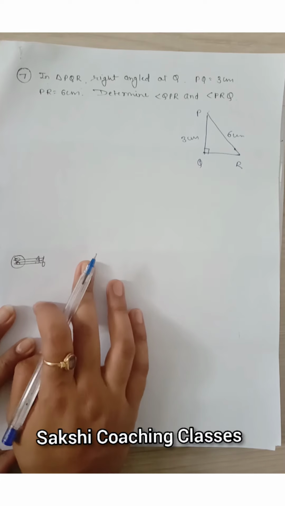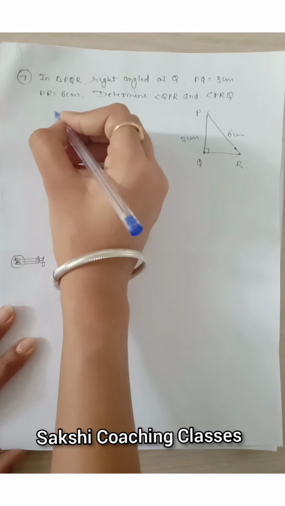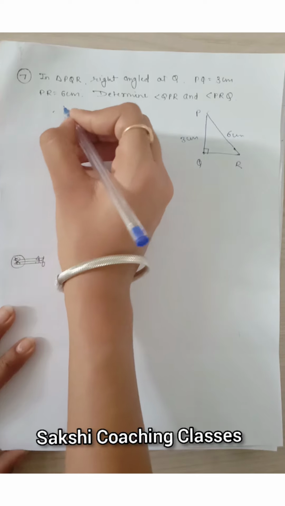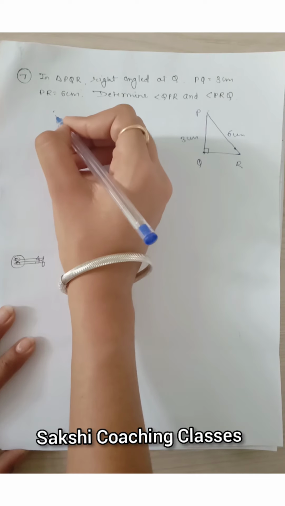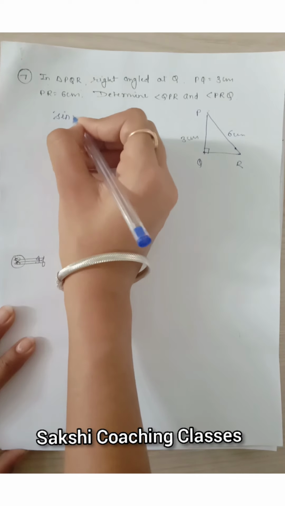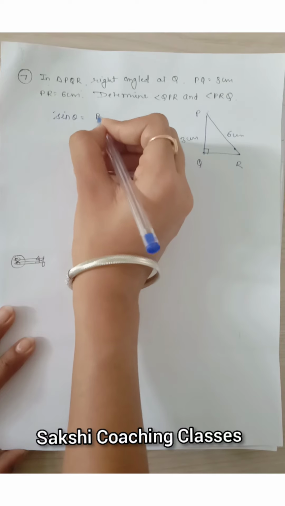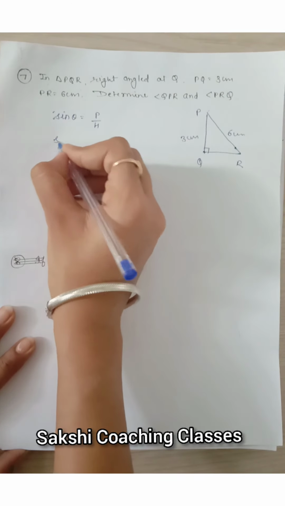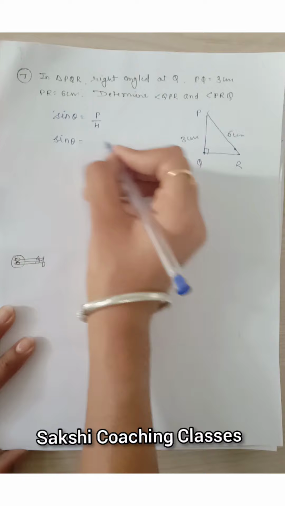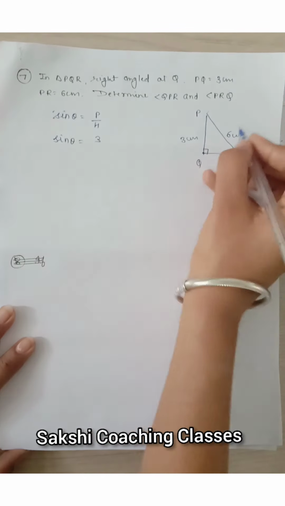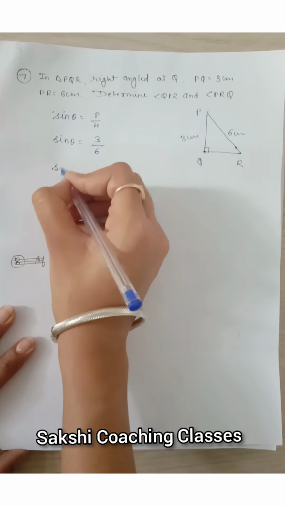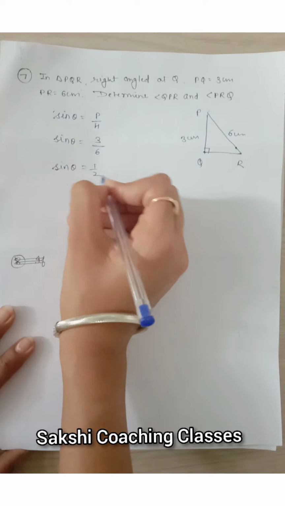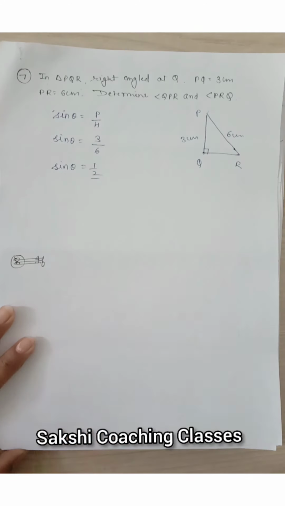Okay, so you know sine theta is equal to what? Perpendicular upon hypotenuse. Sine theta is equal to perpendicular, 3, upon hypotenuse, 6. So sine theta is equal to 1 by 2. For which angle does sine have the value 1 by 2?